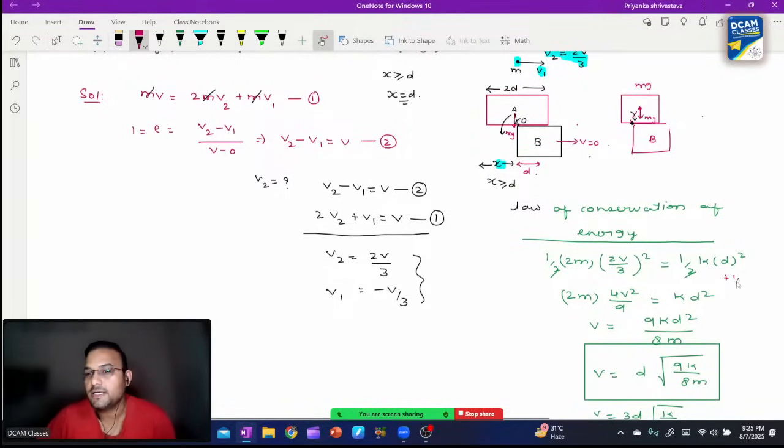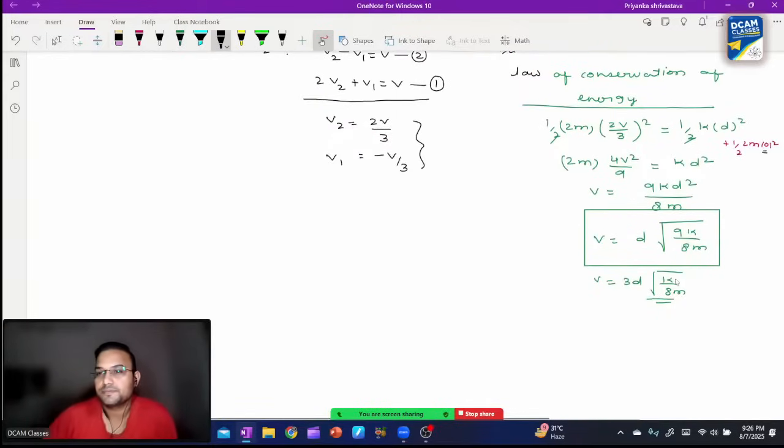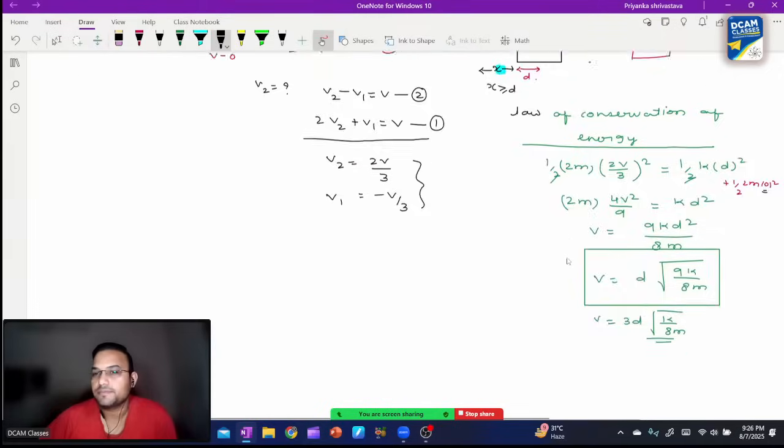Because for the toppling to occur at this point, I'm assuming that this block will momentarily be stopped. After that, it may follow its path. But momentary stop, I am doing it. That's why I'm taking its velocity as 0 here. Then again, it will try to move again.